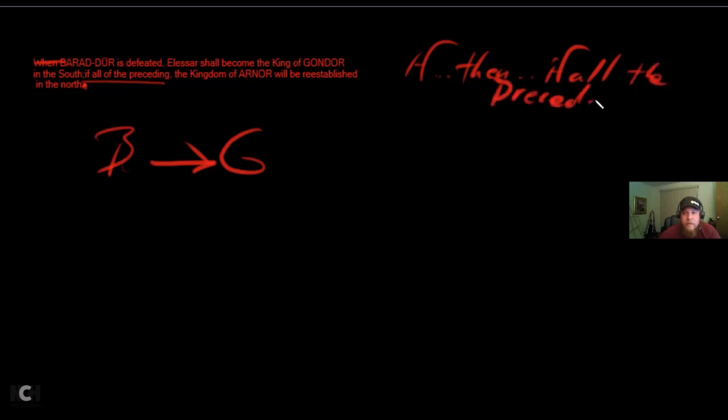What that means is that you've got 2 arrows, and it's a heavy left. The parentheses are going to be on the left. So that's exactly what's going to happen here, because we see that. So we see if all the preceding, okay, so if, when Barad-dûr is defeated, then Elisar will be the king of Gondor. If all this happens, then Arnor will be reestablished in the north.